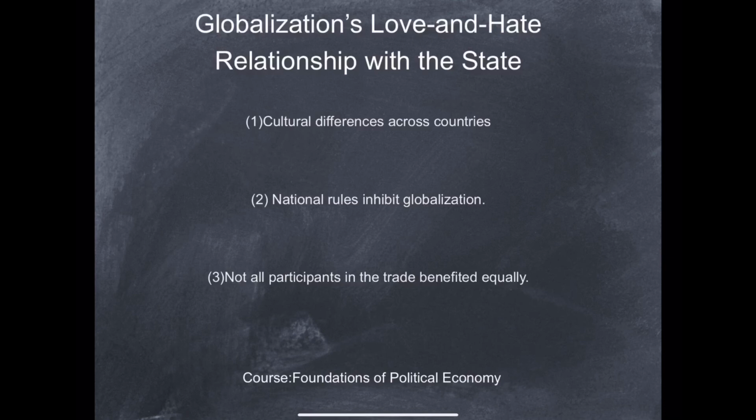Governments help reduce transaction costs within national boundaries, but they are a source of friction in trade between nations. And not all participants in a trade benefit equally. For example, the curry Indians get an incredibly low price.